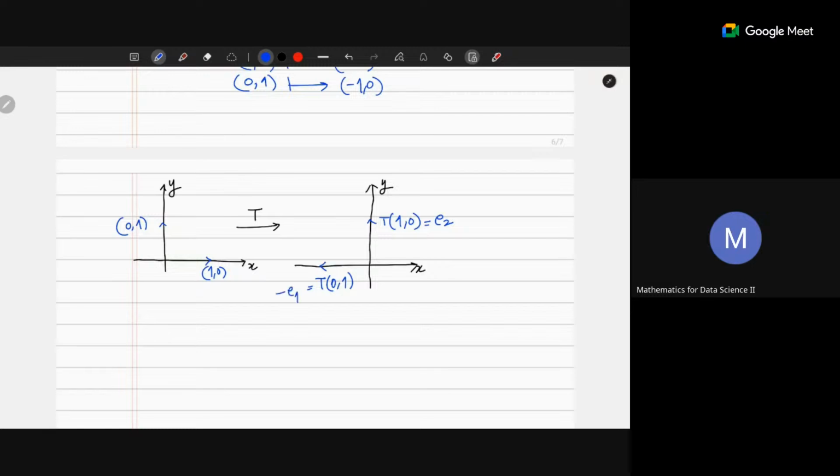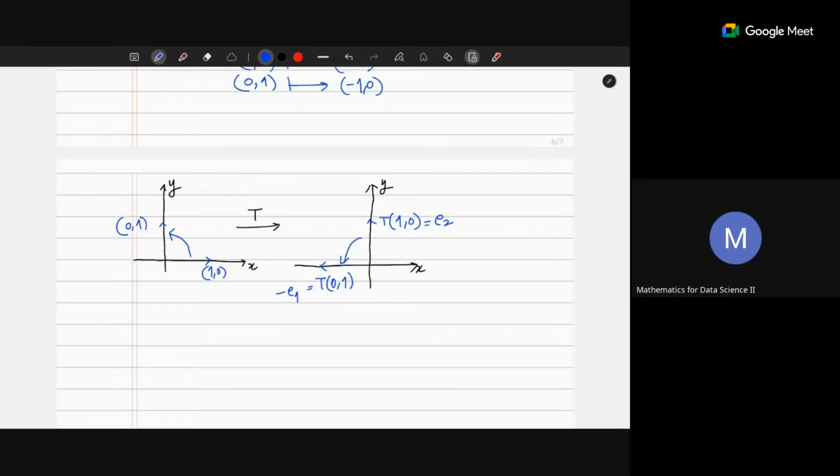All right. So do you see, if you travel from (1, 0) to (0, 1), now you are traveling from the y axis to the x axis. So there is some kind of a shift that has happened.